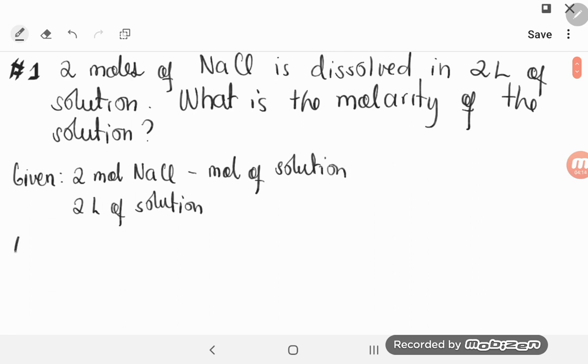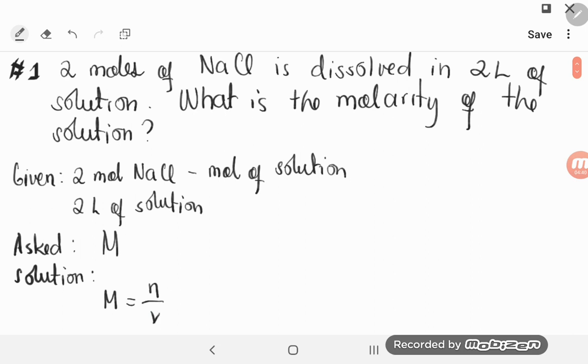So what is being asked in the problem? We need to compute for molarity, the M. And so we will be using now the formula that I gave you a while ago. The formula for molarity is M is equal to n over V.